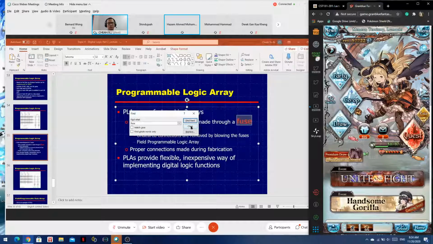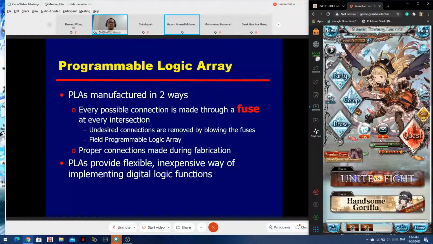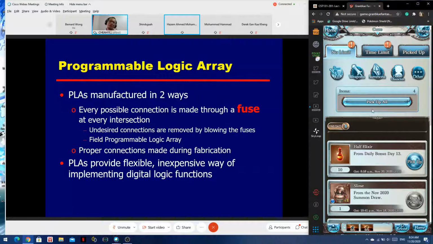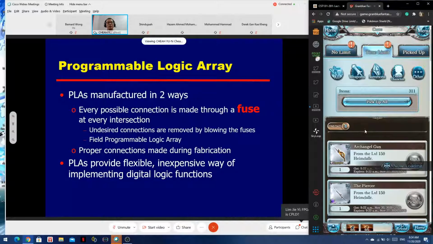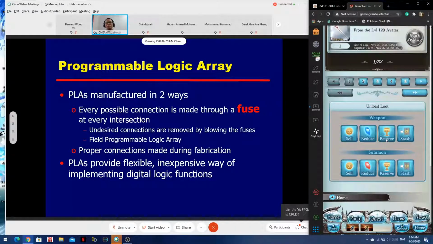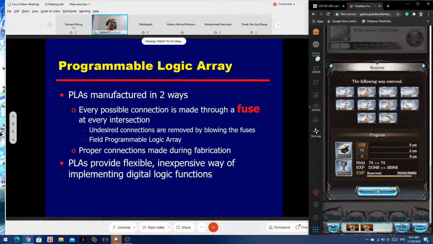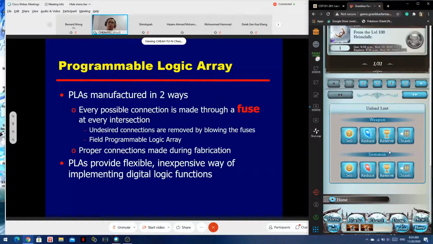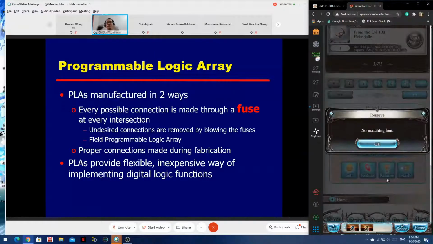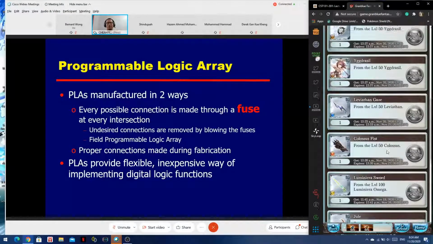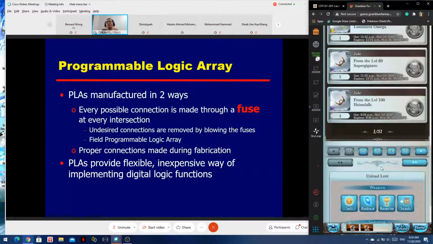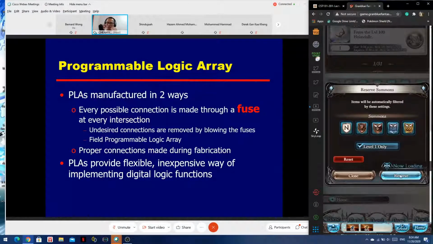Yes, this slide. PLA is manufactured in two ways. Here it says every possible connection is made through a fuse. And then the other one is proper connections made during fabrication. So the programming can be done either, for example, you get a specification, and then you go and make the connection happen.